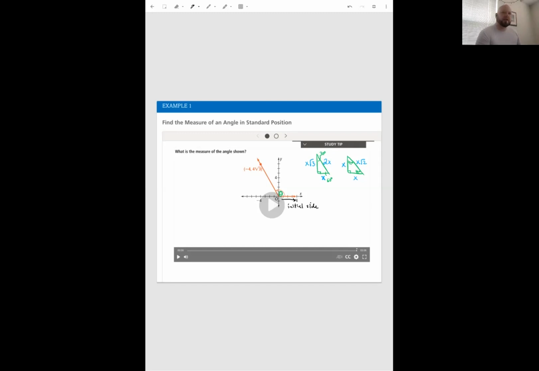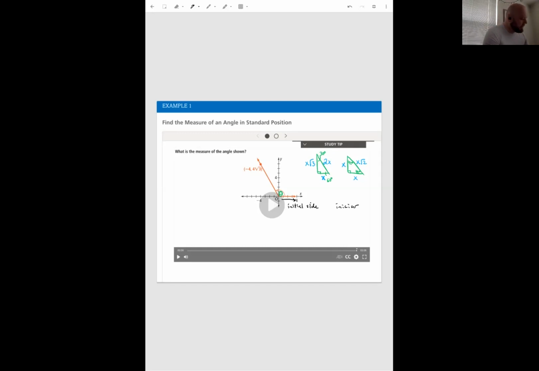If you think about a word in Spanish that looks really similar to initial, you might think of the word iniciar, which means to initiate or to start something. So the initial side is where you start from every time you draw an angle on the XY axis.